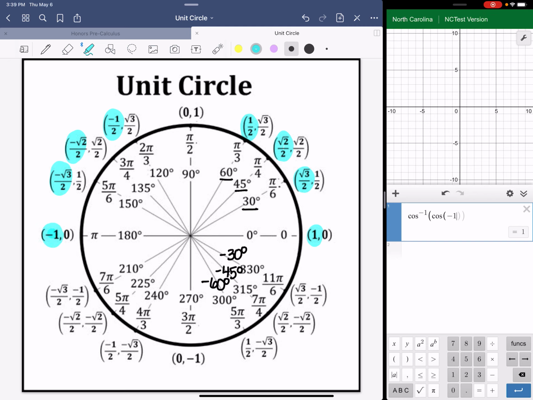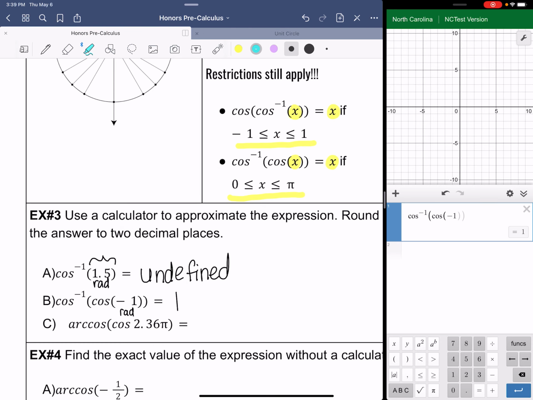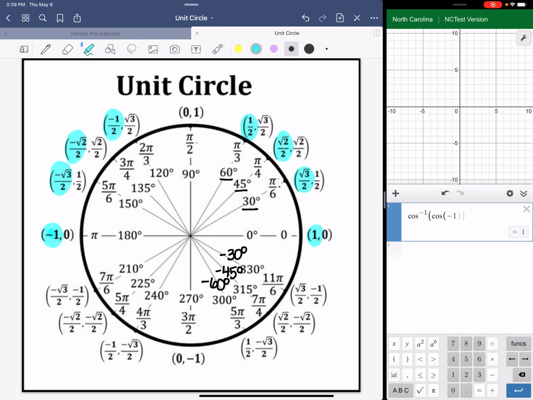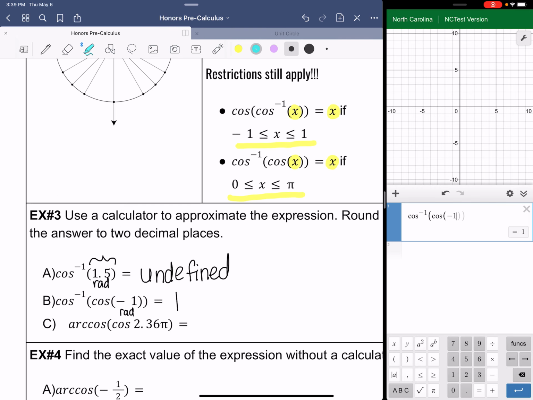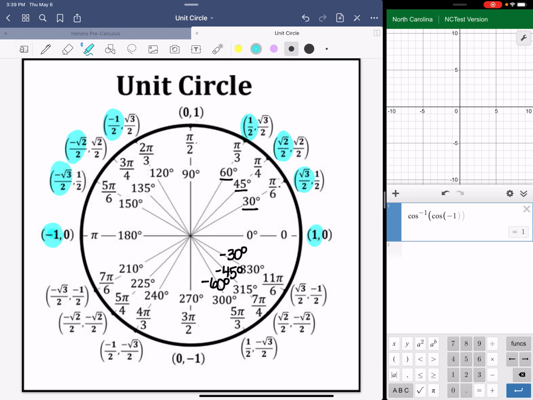So if we're talking about -1 for 180 degrees, it has to restrict itself so that cosine of -1 is at 180, and then 180 degrees of the inverse is going to give me pi or 0.